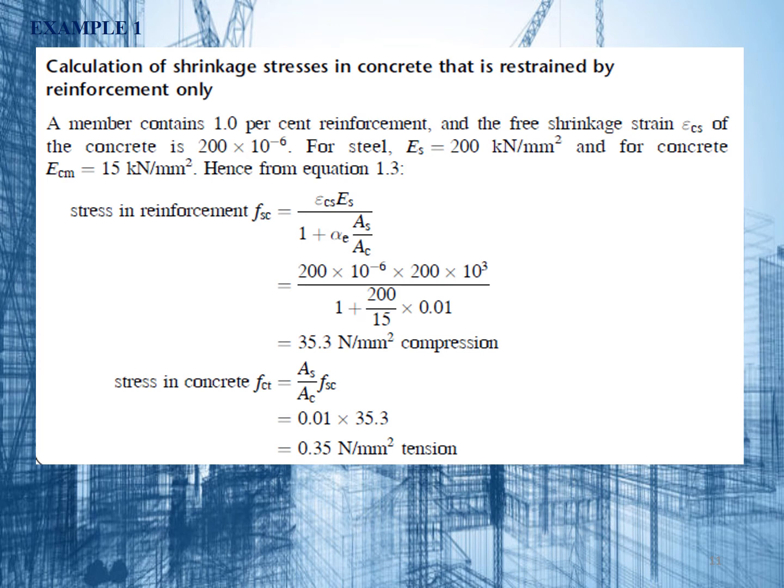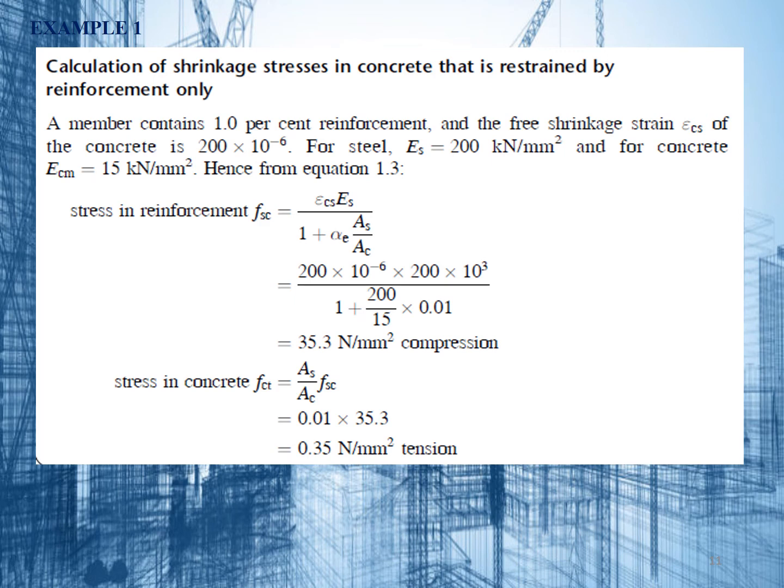This is the stress of steel, which represents the steel in compression. Then moving to the next part: relationship between the steel and concrete stress, modulus of elasticity, stress over strain, reinforcement content.